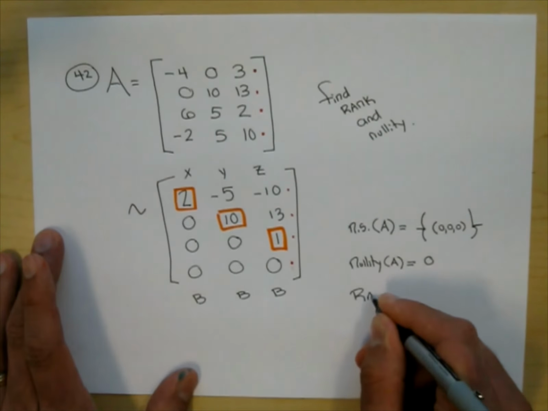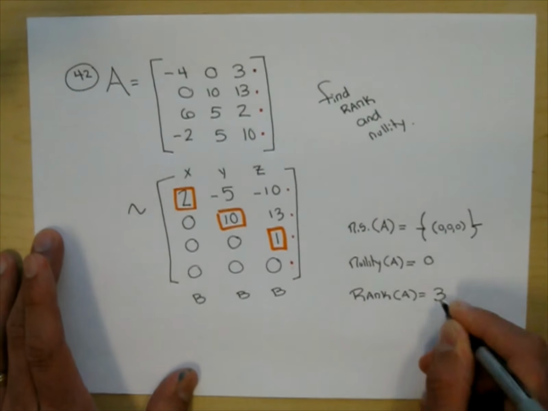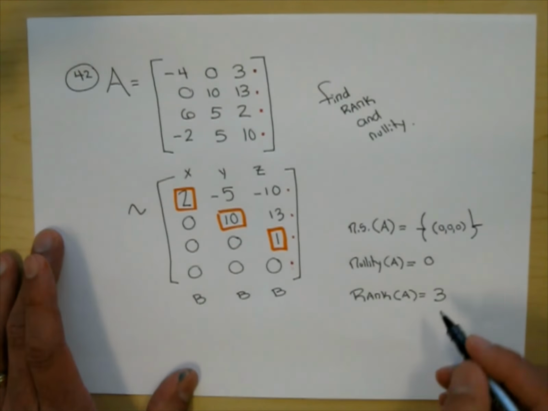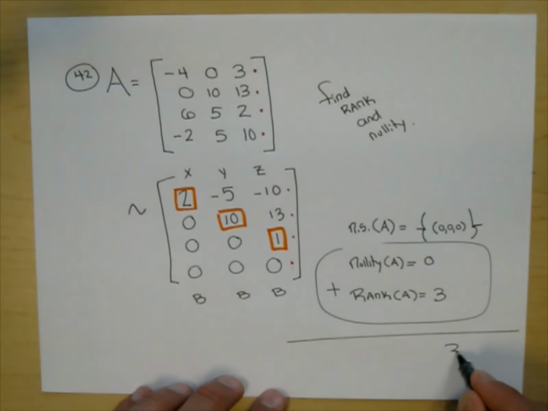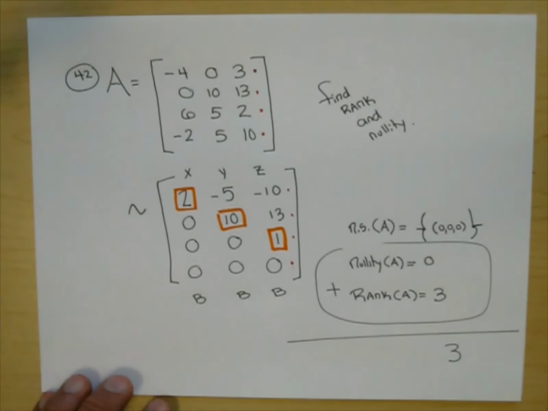Now the rank of A happens to be 3. That's the number of bound variables. Nullity of A is the number of free variables, and if you add these together, you get the number of variables, or the number of columns of your matrix. Okay. So we found the rank and the nullity.